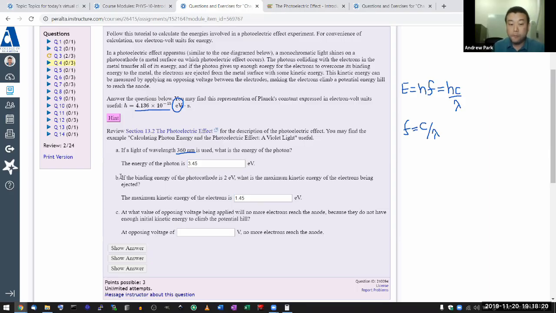at what value of opposing voltage being applied will no more electrons reach the anode? Now, here's a really interesting and useful thing about electron volt. Did I talk about this already? Maybe not. An electron volt is kind of exactly what it sounds like. It's describing the energy change as the charge of the electron.